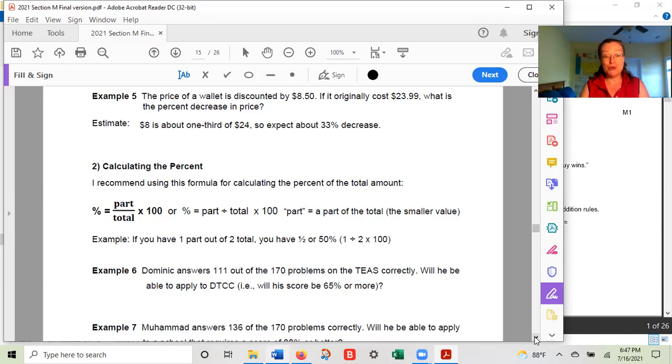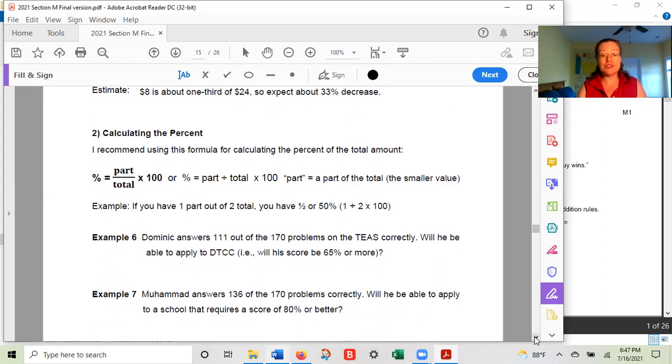I'm going to let you pause recording because I think this formula is pretty straightforward, and let you see what you get for an answer. And then I'm going to go ahead and take a look at example 7 as well. It's the same type of problem. And when I resume the recording, we'll be over on my doc cam with the information written out to solve these.